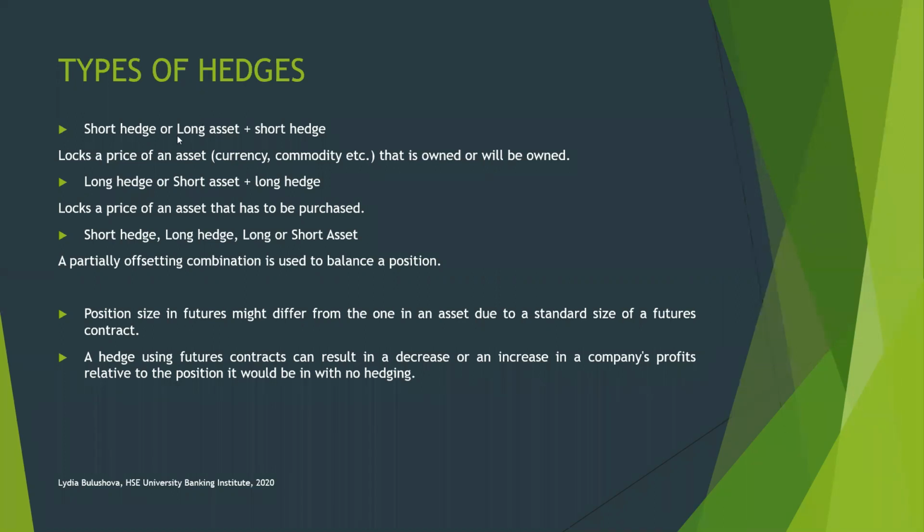So while the first hedge is an instrument to hedge any factory need or oil refinery need, I have oil, I have coal, I have sugar, I have anything else, and I'm long an asset and I'd like to lock a price and sell what I produce at a fixed price.